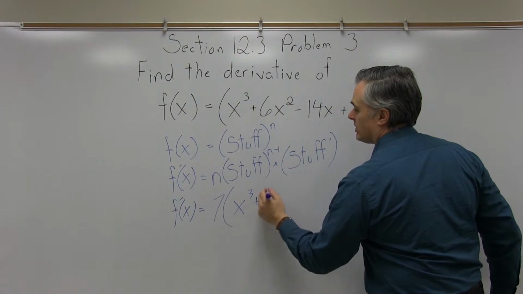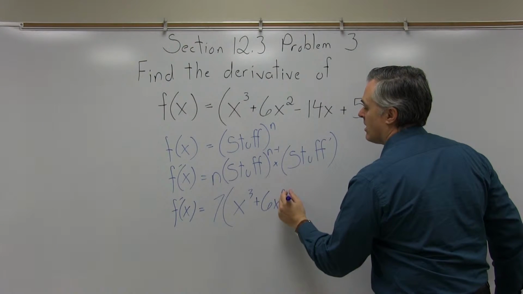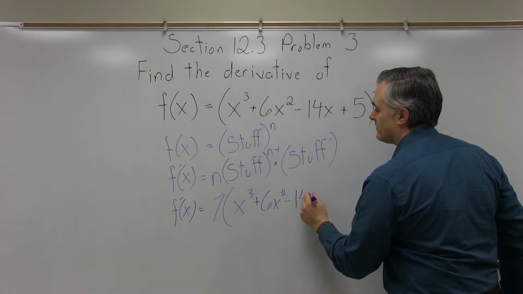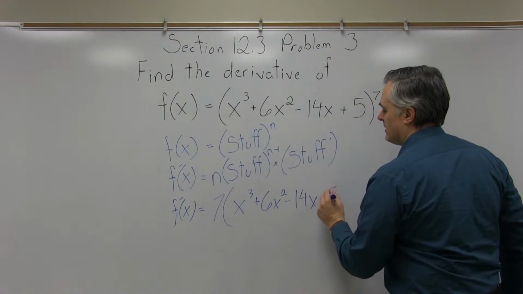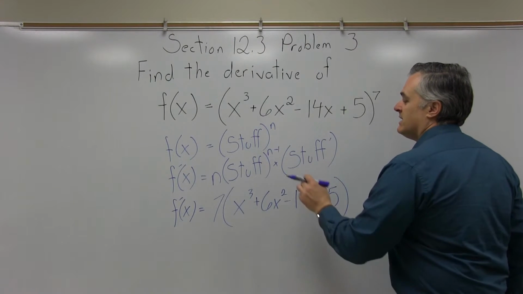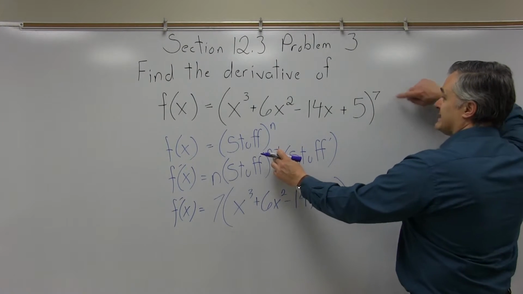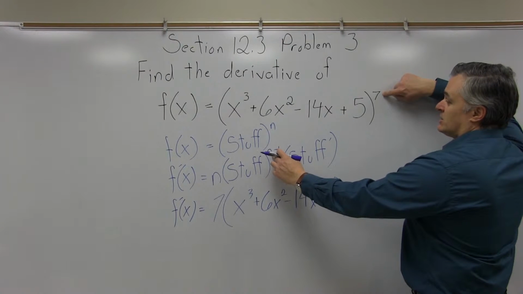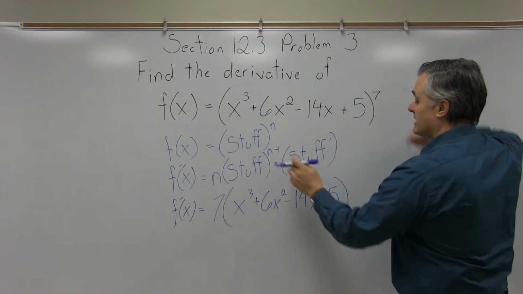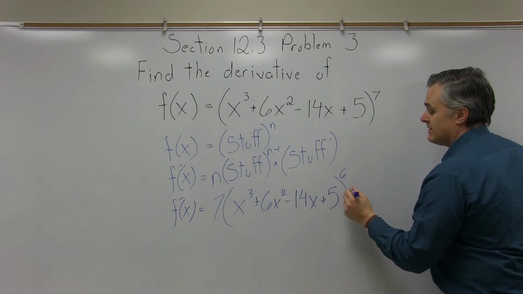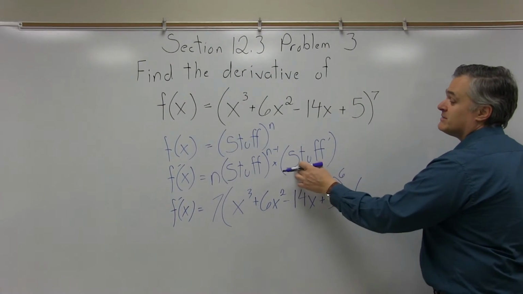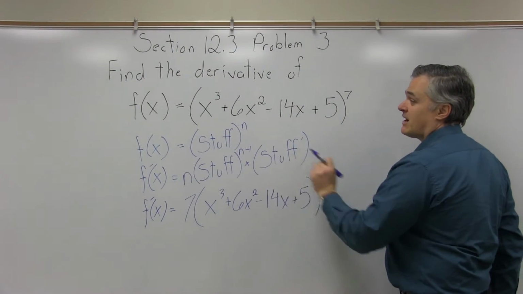X to the third plus 6x to the second minus 14x to the first plus 5. Close the parentheses. Now the parentheses get an exponent, and it's n minus 1. So the n was 7, so n minus 1 will be 6. And then I multiply times stuff prime, the derivative of the stuff.